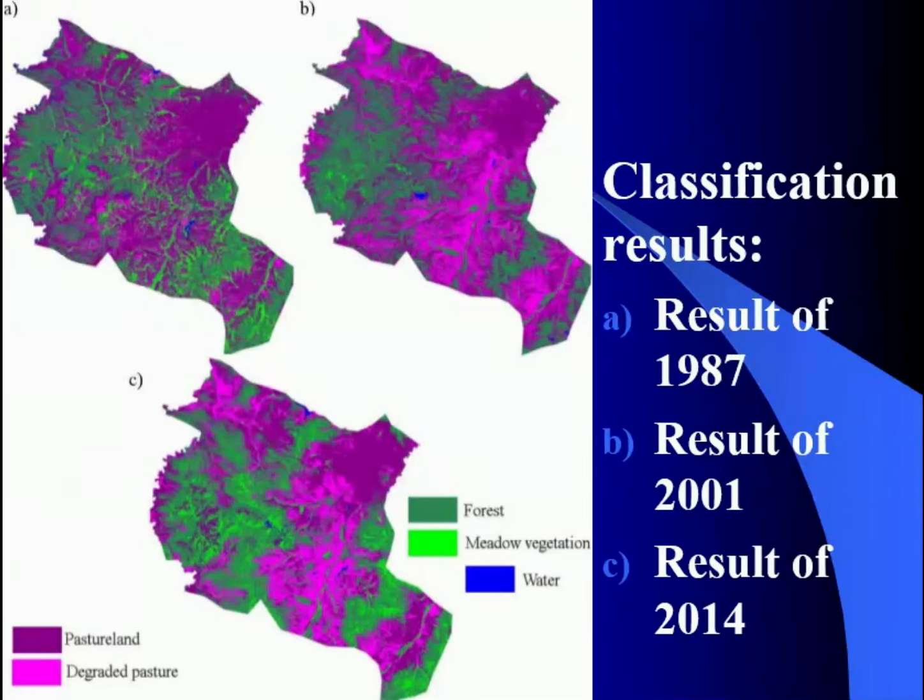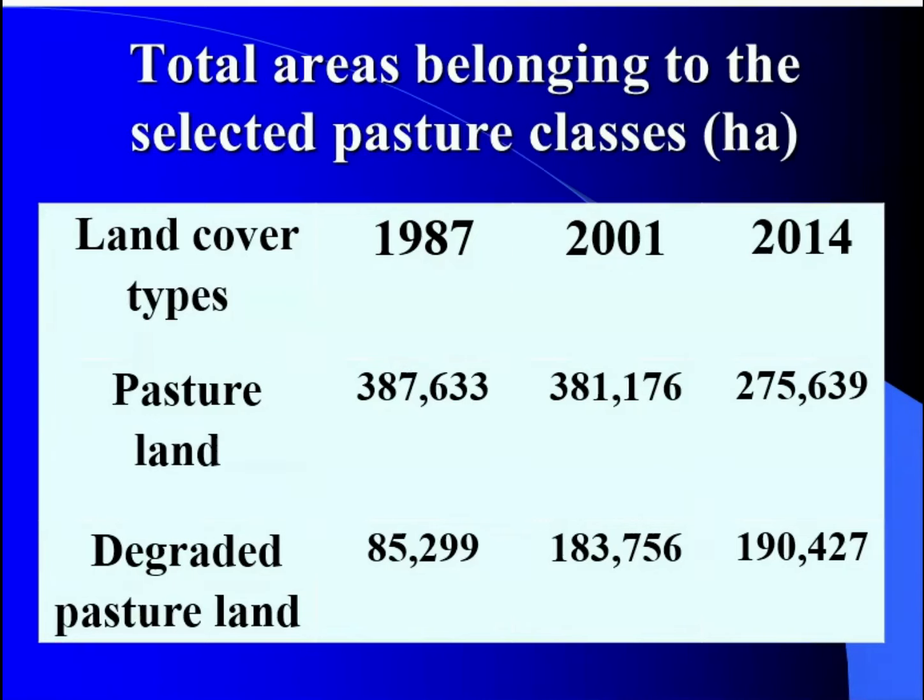If we look at the total areas belonging to the selected pasture classes, in 1987, pasture land occupied around 387,600 hectares of land, while degraded pasture land occupied 85,300 hectares.